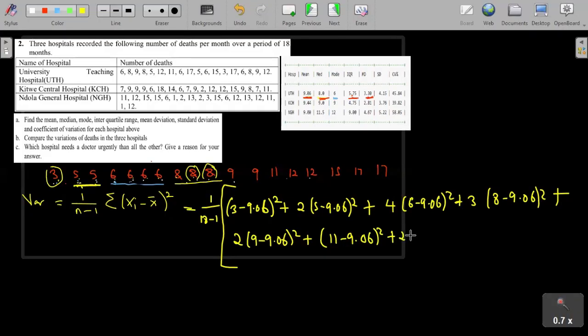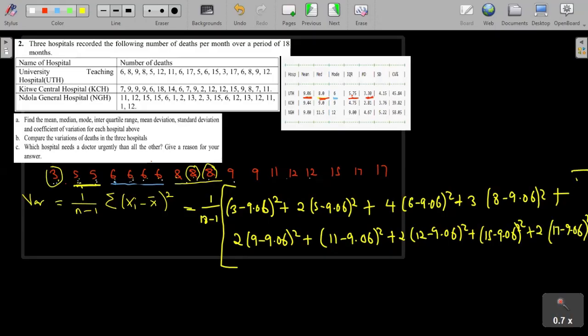I have 2 of them, so 2, 12 minus 9.06 squared, plus I have 15 minus 9.06 squared, and then plus 2 for the 17s.